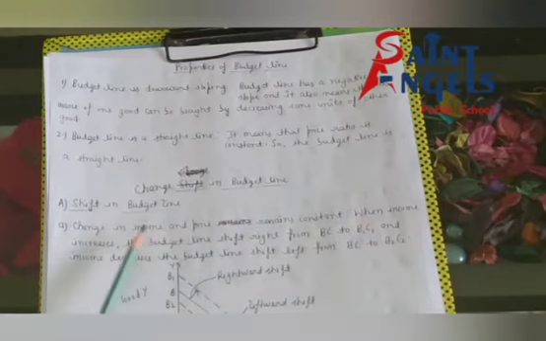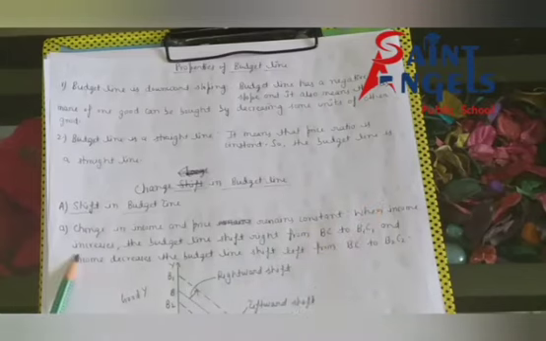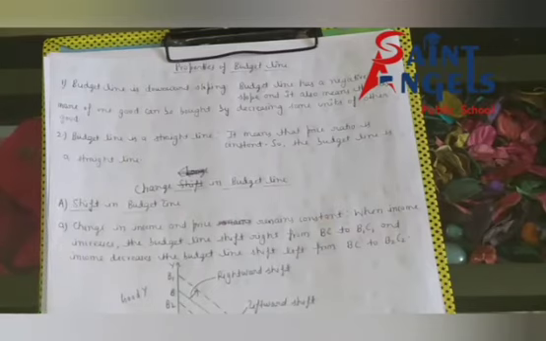See, when income increases, the purchasing power of the consumer will increase. Again I am repeating, when income increases, the purchasing power of the consumer will also increase. It means the budget line shifts right from BC to B1C1. Now see, this is the original budget line BC.